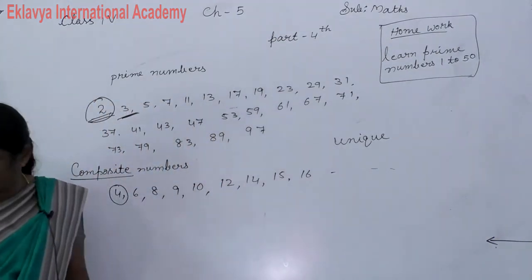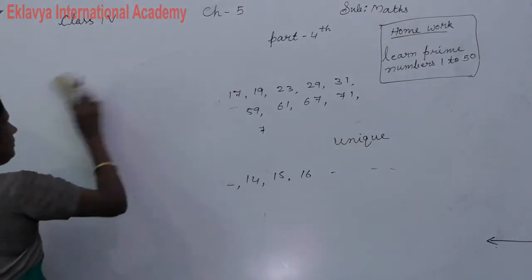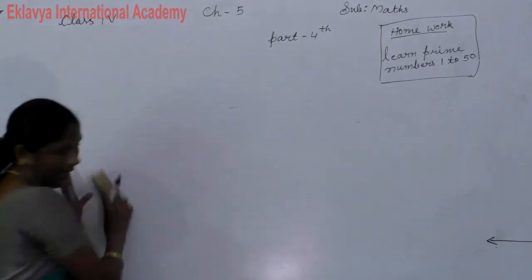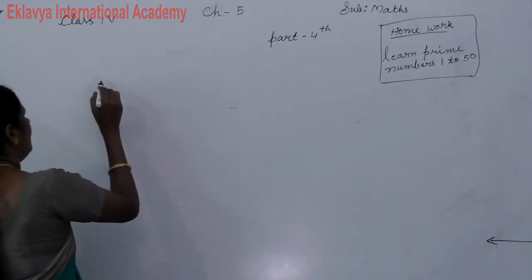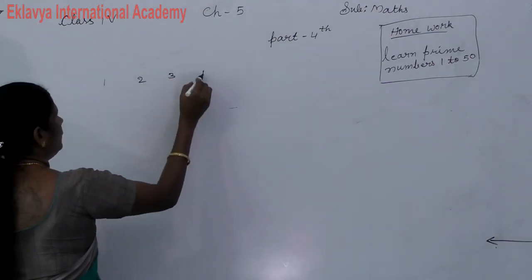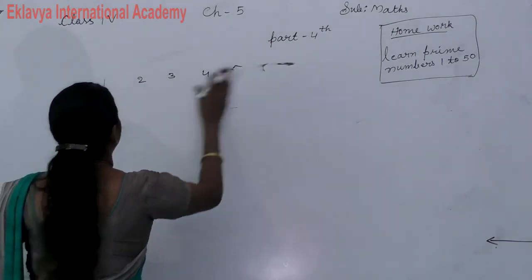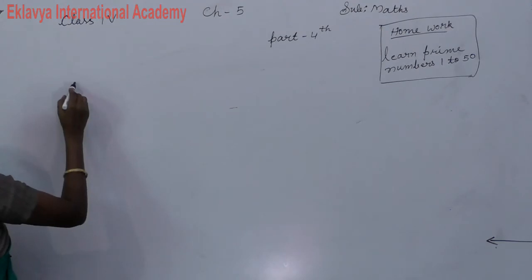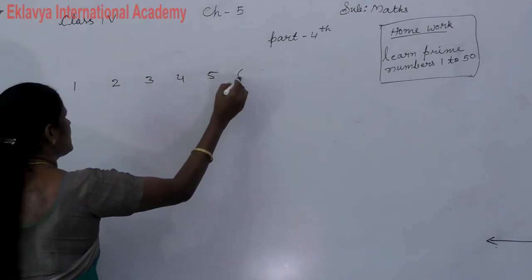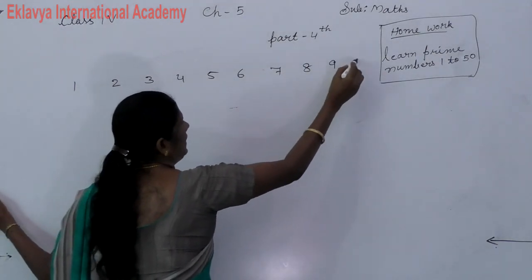Now how to find the prime numbers? Listen. First you write 1 to 100 this way. 1, 2, 3, 4, 5, 6, 7, 8, 9, 10.